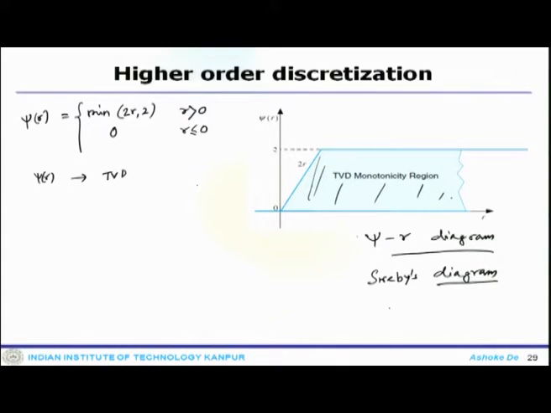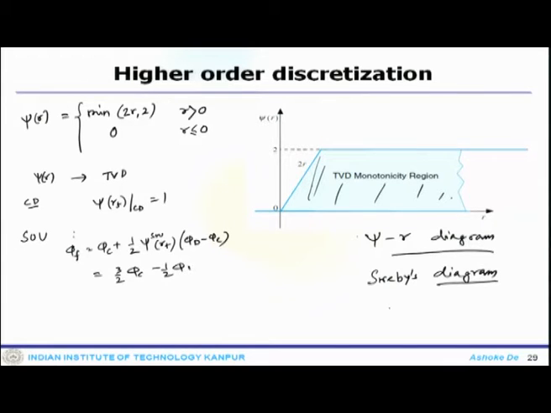For, let us say, very specifically, the limiter of the central difference scheme can be easily obtained, where psi rf for the CD scheme would be 1, while the same thing for the second order upwind scheme can be computed as phi f equals phi c plus half psi rf times (phi d minus phi c), which is 3 by 2 phi c minus half phi u.